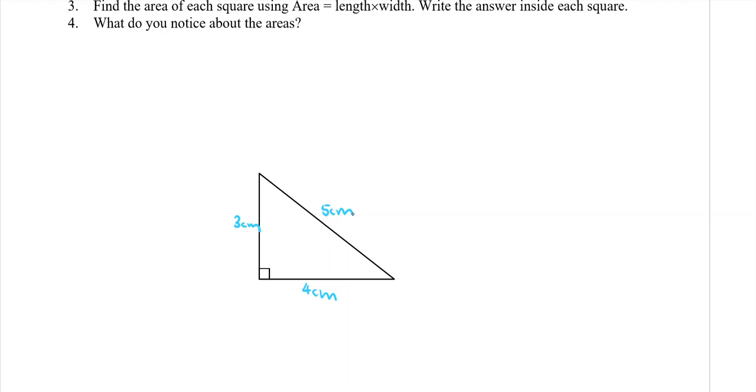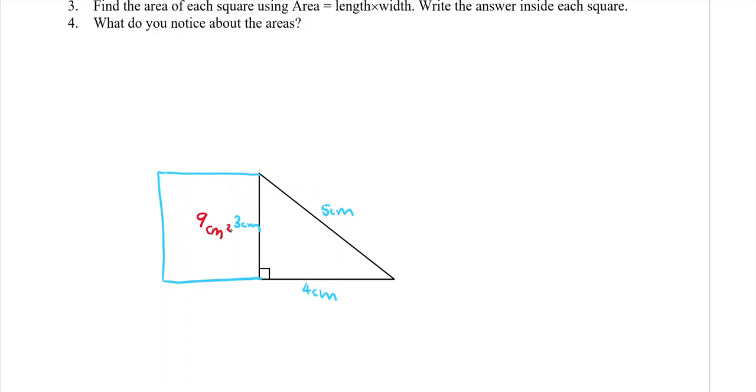Okay? If you draw a square that comes out on that side, so it's 3 centimetres long and 3 centimetres wide, how do you find the area of a square? Does anyone remember? You times the side by itself. So if the side length is 3 centimetres, it's 3 times 3, which is 9 centimetres squared.